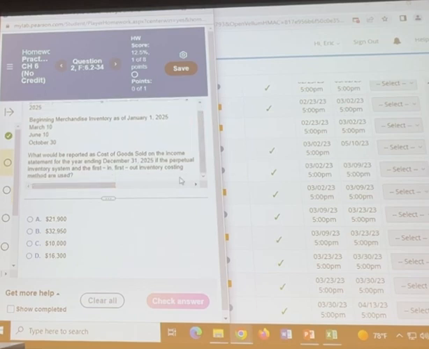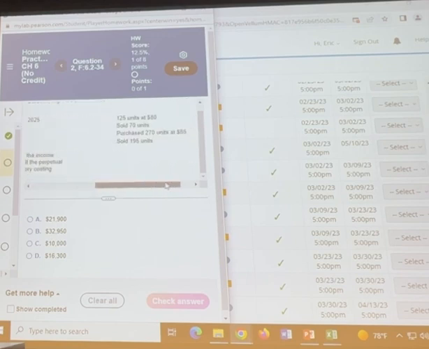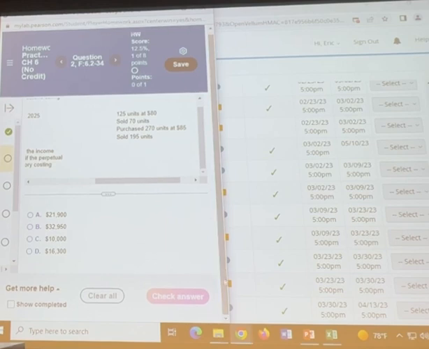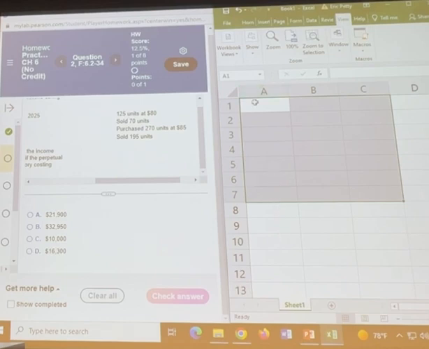They're using perpetual inventory system and first in, first out. Well, since they're using FIFO, it will simplify it if we ignore the fact that they say it's a perpetual inventory system and just solve it as though they're using a periodic inventory system instead.